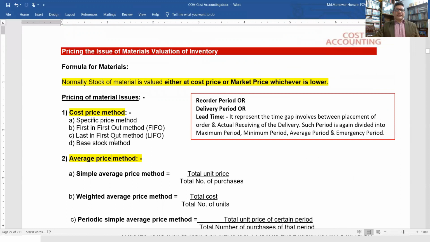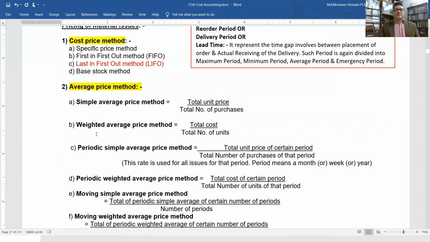Cost price is of different types: a specific price method, first in, first out FIFO method, last in, first out LIFO method, or base stock method. Here, one thing: the LIFO method is prohibited by Accounting Standard 2 on inventories. Then the average price method is the simple average method.